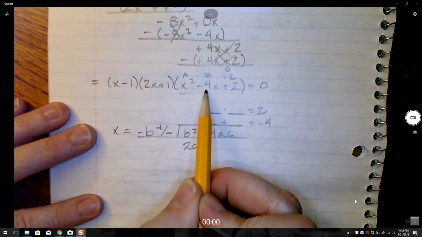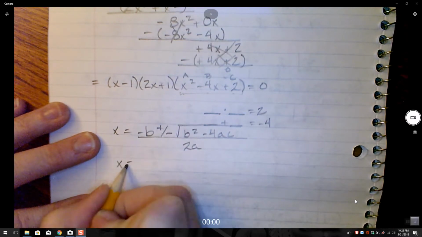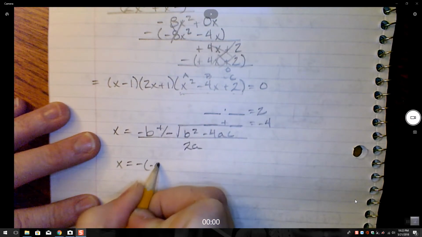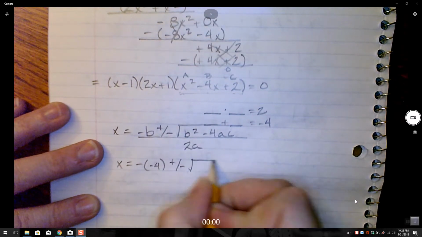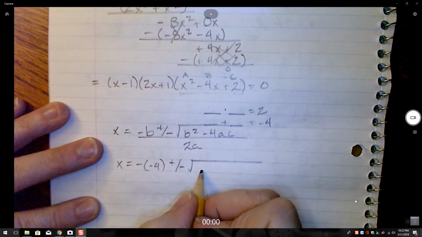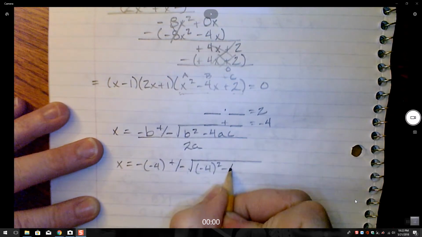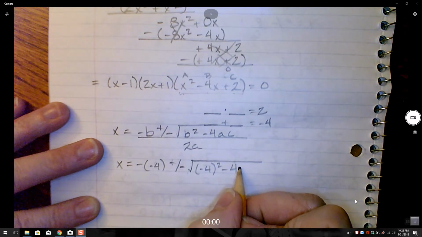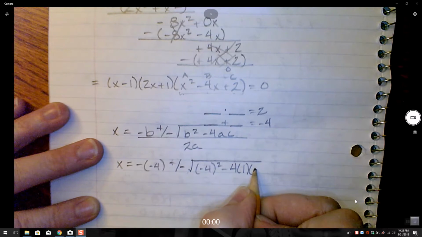So here is my a, my b, and my c. So I can say that x equals negative 4, that's my b, plus or minus the square root of, let's see, negative 4 is my b, squared, minus 4 times 1 times 2.